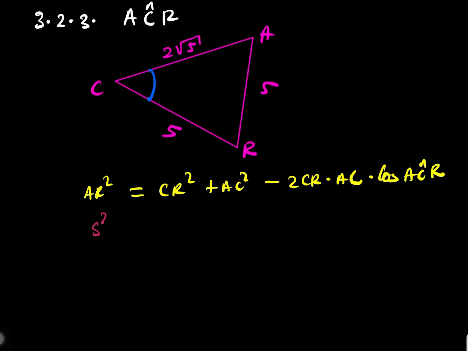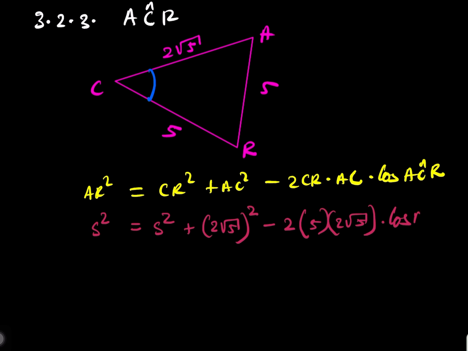AR is 5, so 5 squared is equal to CR, which is also 5 squared, plus AC, so our AC is 2 root 5, all squared, minus 2 into CR, our CR is 5, multiplied by AC, which is 2 root 5, multiplied by cos of ACR, just right here.